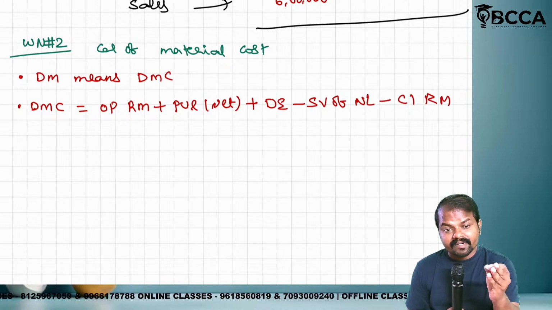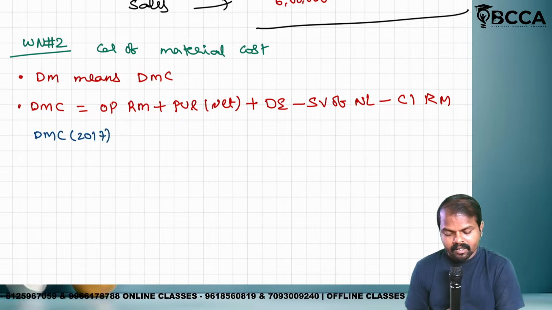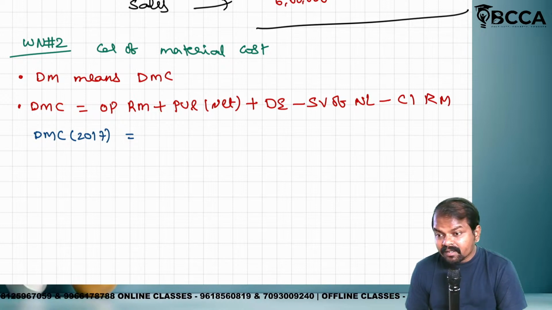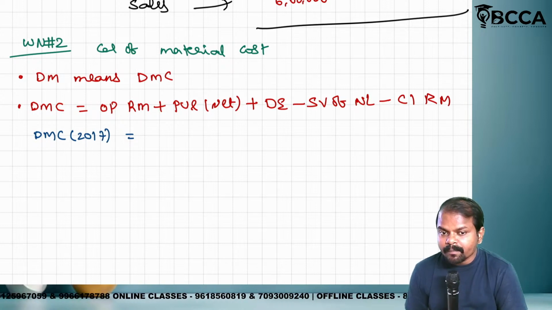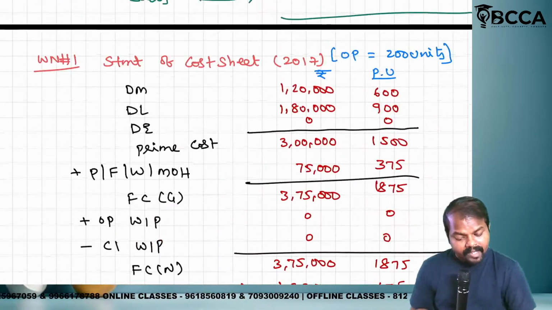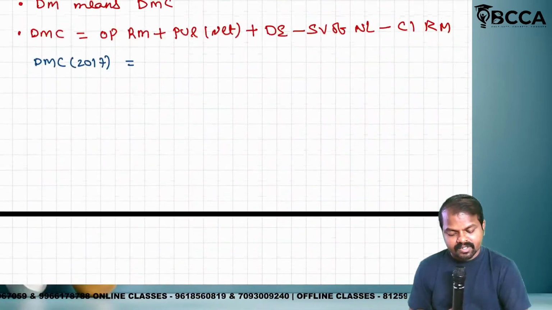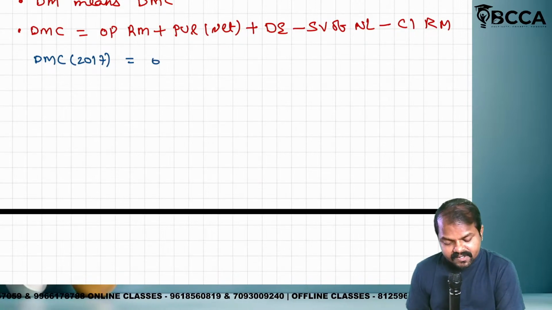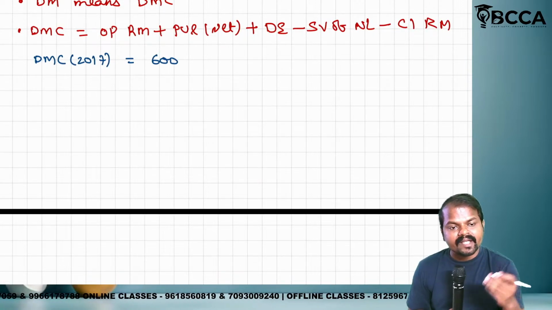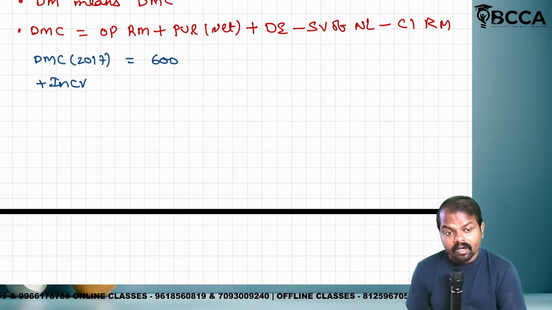In 2017, what is the DMC? 1 lakh, that is total. What is the per unit? We calculated 600 rupees. What is the increase?